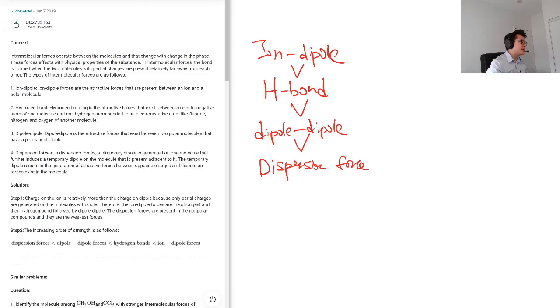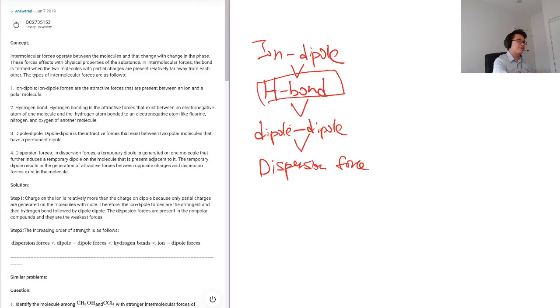Alright, so in this case, ion-dipole is most of the time stronger because we have a charge interacting with a dipole, and a charge always has a stronger electrostatic interaction. Second, hydrogen bonding is kind of special. By definition, hydrogen bonding is still considered a dipole-dipole interaction, but it is so strong that it is treated as a separate thing.